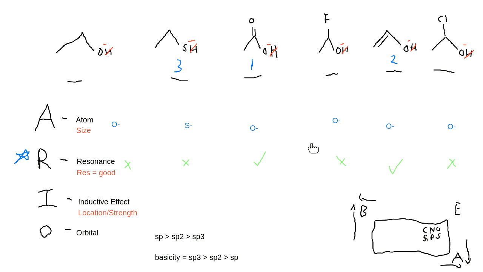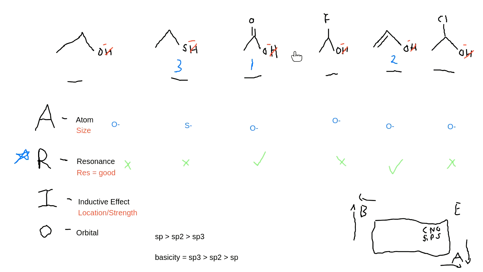It's good because you're stabilizing this negative charge. When the H leaves, these are your conjugate bases, but originally it was your acid.